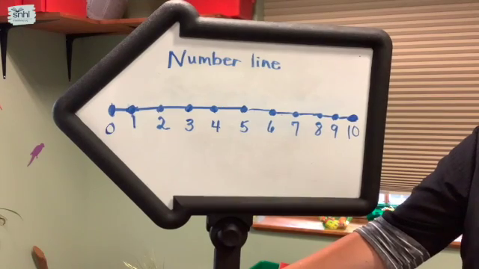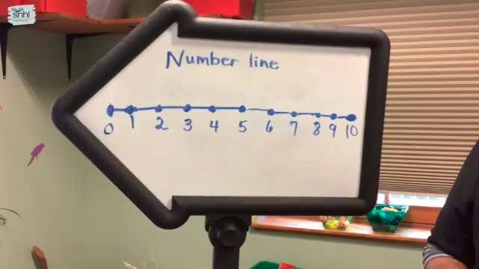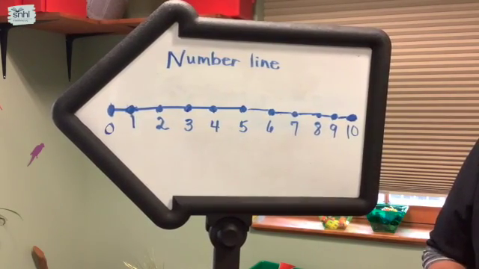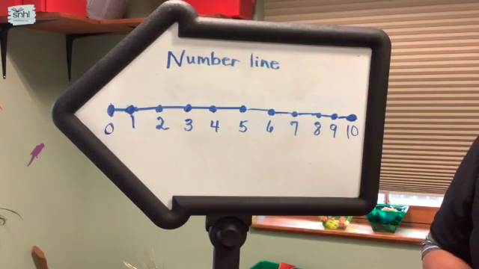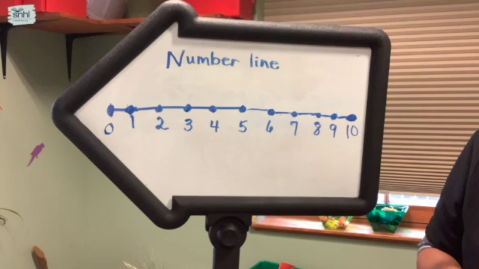Back, and here we have a number line. Remember, a number line is such a good tool for learning. So I want everybody to take a good look at the number line. And the one thing I want you to remember is that the numbers are about the same distance apart. So let's take a good look at the number line and let's count.